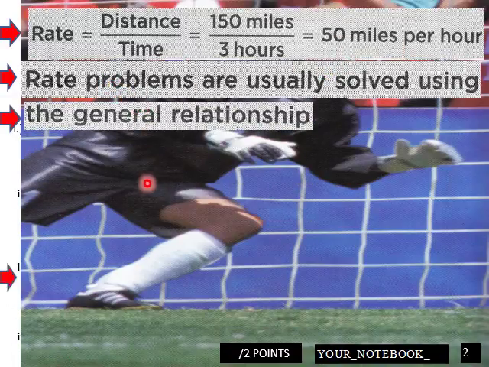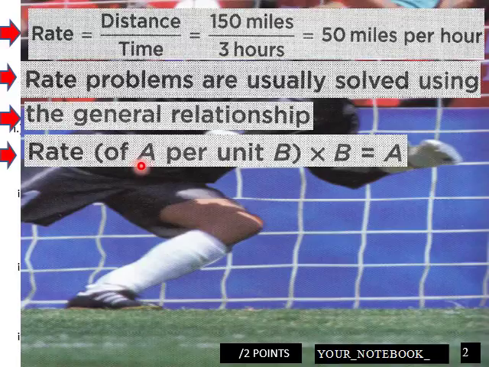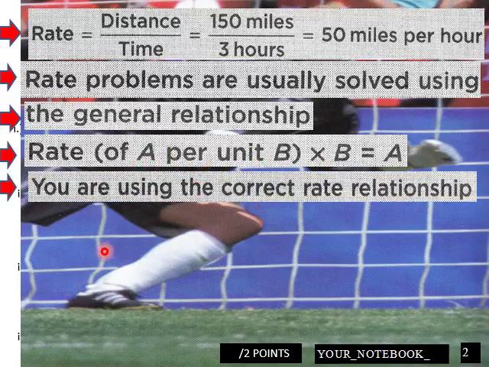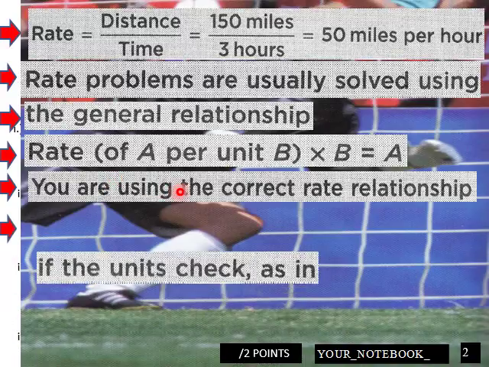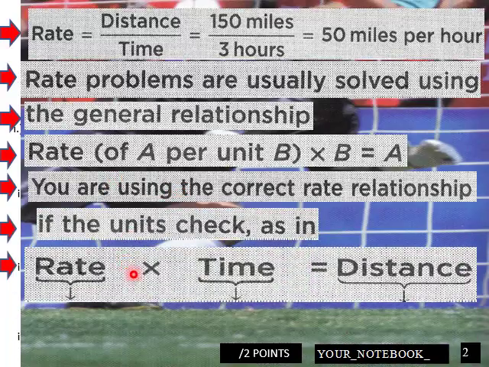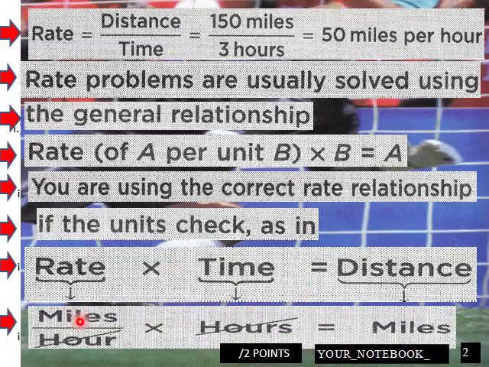Rate problems are usually solved using the general relationship rate times B equals A. You are using the correct rate relationship if the units check, as in rate times time equals distance: miles per hour times hours equals miles.